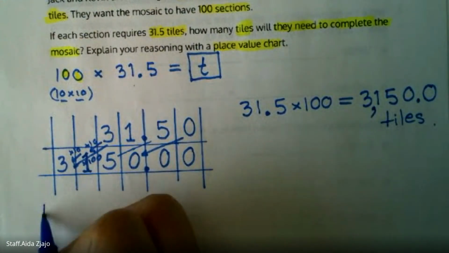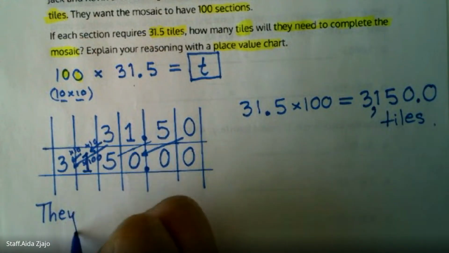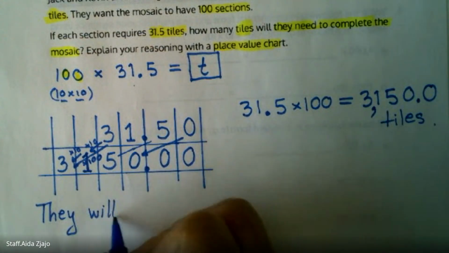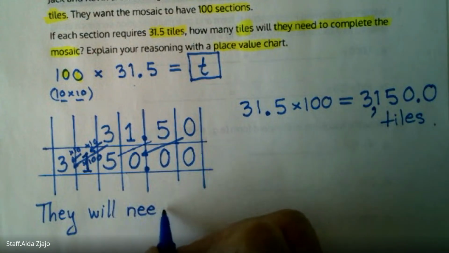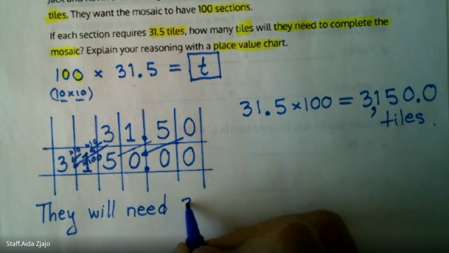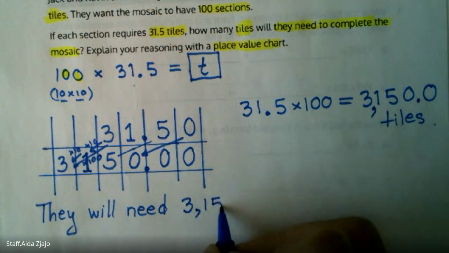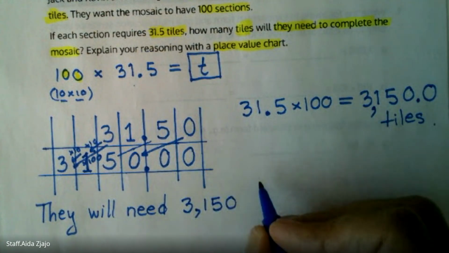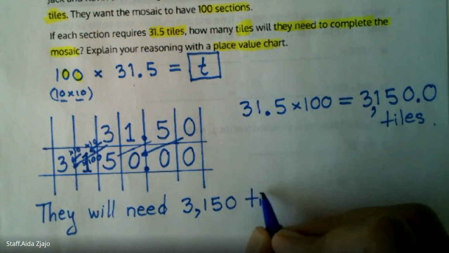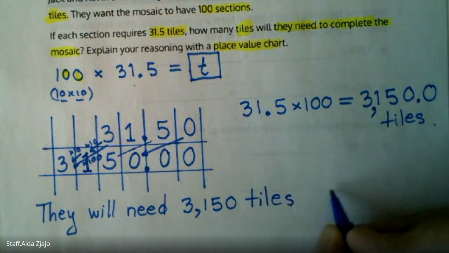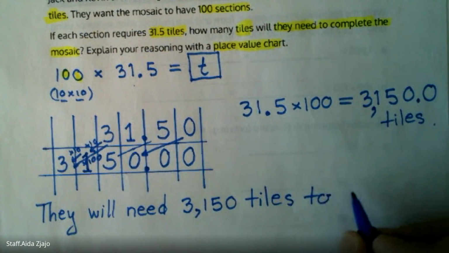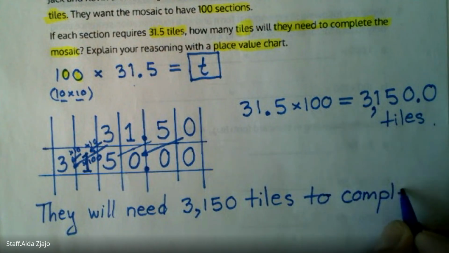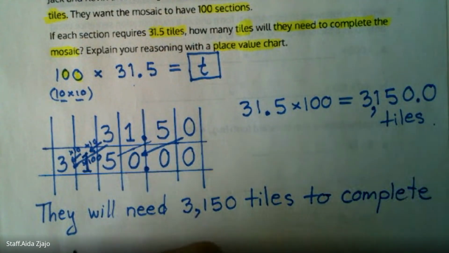So they will need 3,150 tiles to complete the mosaic.